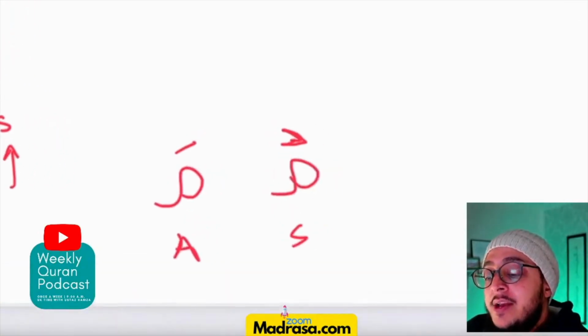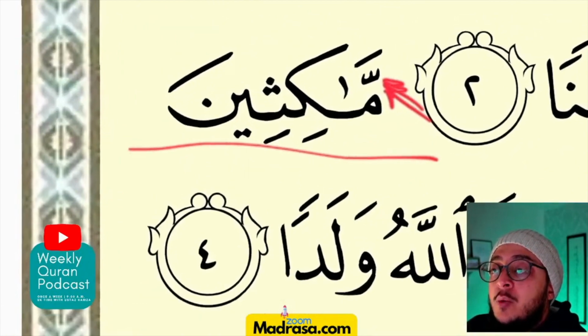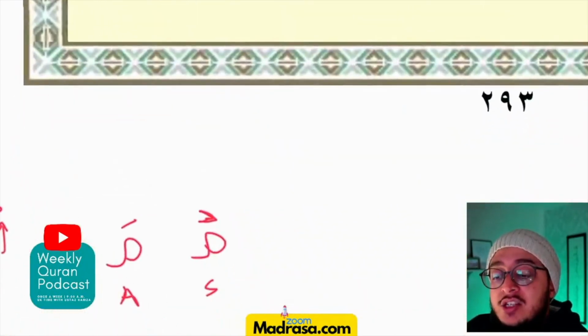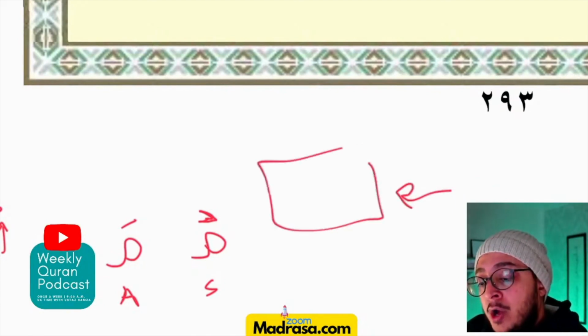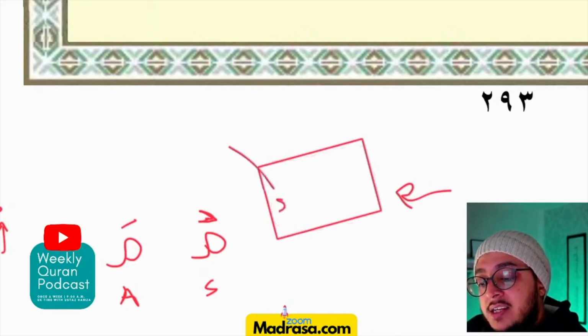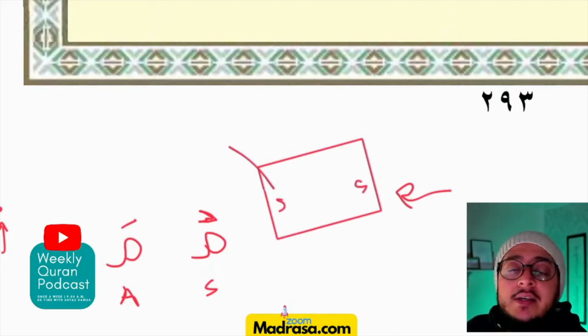Now, there's a problem here with this particular word: we can never start a word in Arabic with a silent letter. We always end a word in Arabic with a silent letter, but we never start it with one. Understand this?